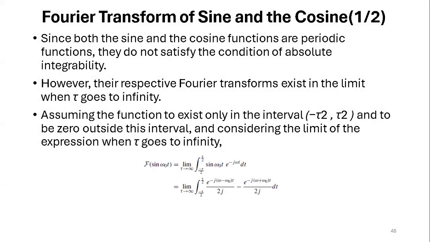Since both the sine and the constant functions do not satisfy the condition for absolute integrability, the Fourier transform exists only in the limit when tau goes to infinity. Assuming the function to exist only in the interval minus tau to positive tau, and to be zero outside this interval, consider the limit of the expression when tau goes to infinity.